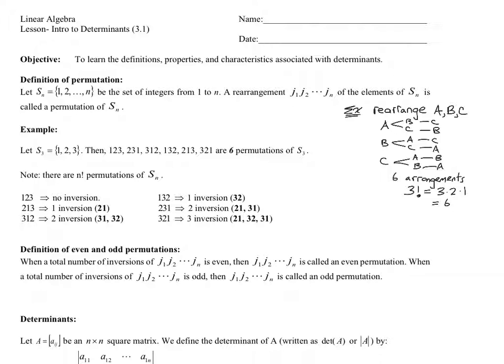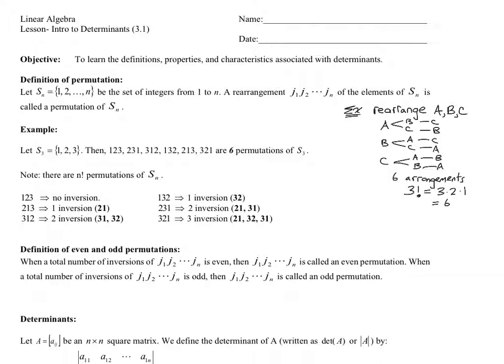Right? So that gives us all of the different permutations that we could have of the numbers 1, 2, and 3. But we develop what we call even and odd permutations based on the number of inversions that you would need to make in order to get from your base set 1, 2, 3 to the entry in question.